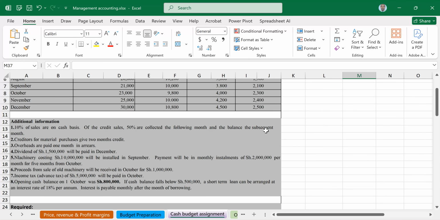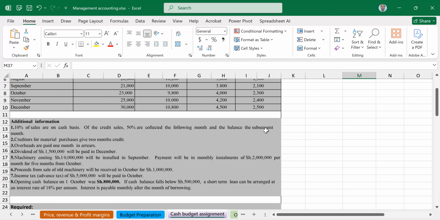Dividend of 1.5 will be paid in December. Machinery costing 10 million will be installed in September. Payment will be in monthly installments of 2 million per month for 5 months from October. Proceeds from the sale of old machinery will be received in October for 1 million. Income tax, that is advance of 5 million, will be paid in October.